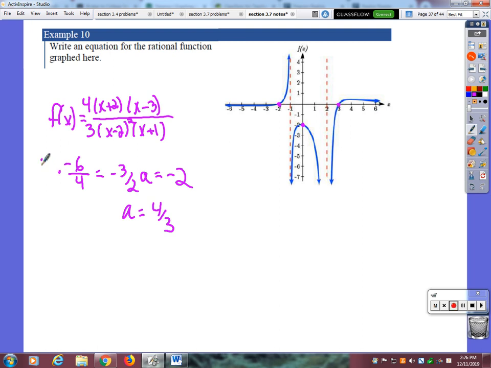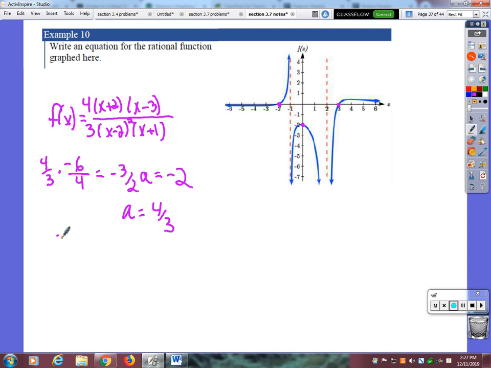Because now if I take this and multiply it by 4/3, 4 times -6 is -24, 3 times 4 is 12. That would give me -2. Okay? You understand I got the -3/2, right? And you understand I need that to equal -2, right? So I just set up a little equation, -3/2 times something equals -2.